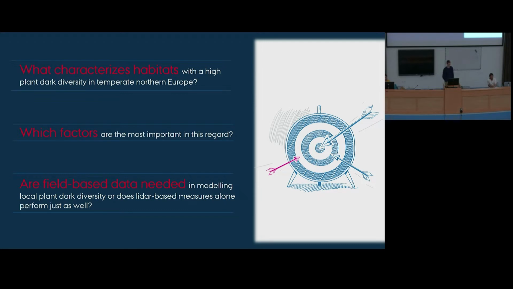We also wanted to address which factors are the most important in this regard. And then we wanted to compare models using lidar alone with models where we also entered field measured data. So can we make models with lidar only that are equally good as those with field measurements?